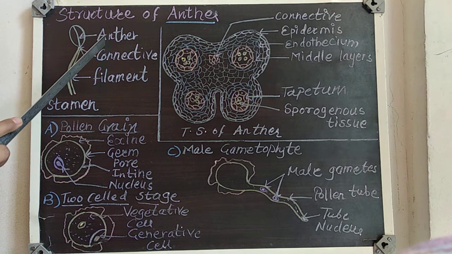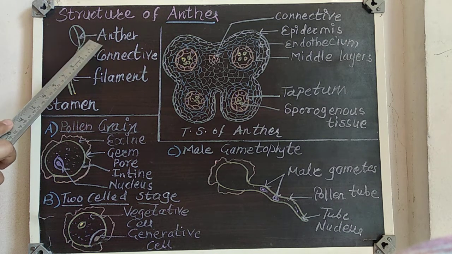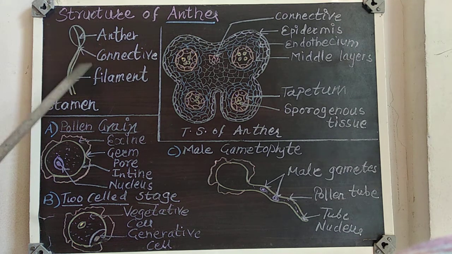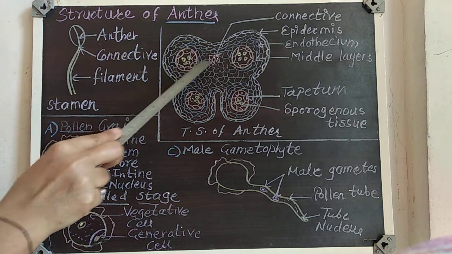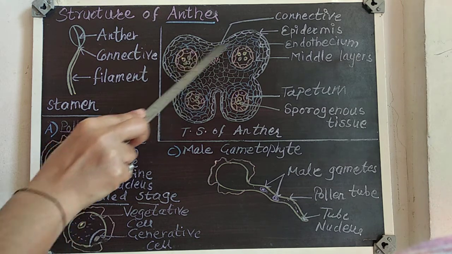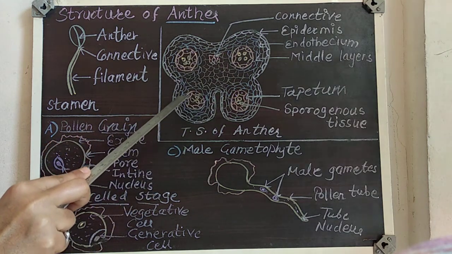Sometimes the anther may be a single lobe, which is called as monothecous. Here the anther is bilobed, consists of two theca, two sac. Internally, the bilobed or dithecous anther shows four microsporangia groups, and that is called as tetrasporangiate anther.